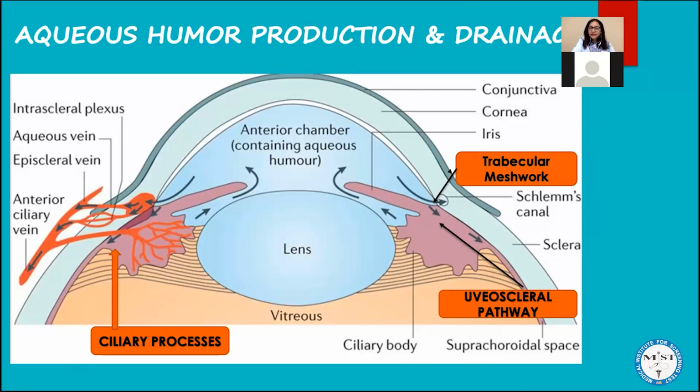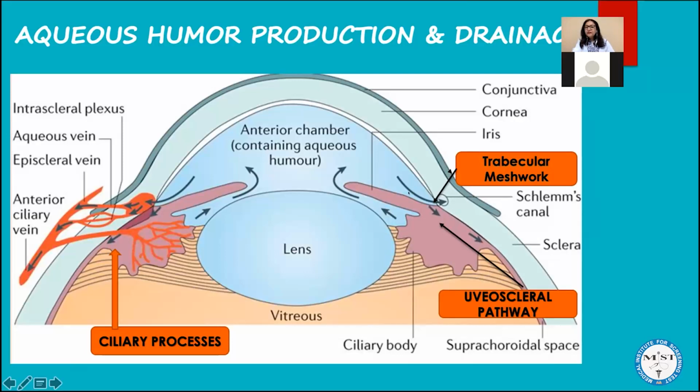The drainage of the aqueous humor is by two pathways. As you notice here, the upper one is your trabecular meshwork pathway, which is the major pathway for the drainage of the aqueous. The lower one is your uveoscleral pathway, which is the minor pathway. So what is happening? Let's see once again. Ciliary processes produce aqueous humor in the posterior chamber, and it passes through the pupil into the anterior chamber, then goes into the angle of the anterior chamber.